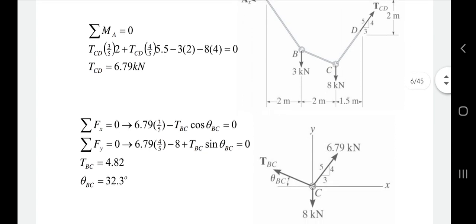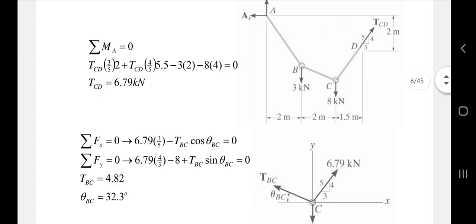Now moving forward, just like you solved the truss, what you did was you solve one member and then you move to the other joint. Here you will move from one segment to another.